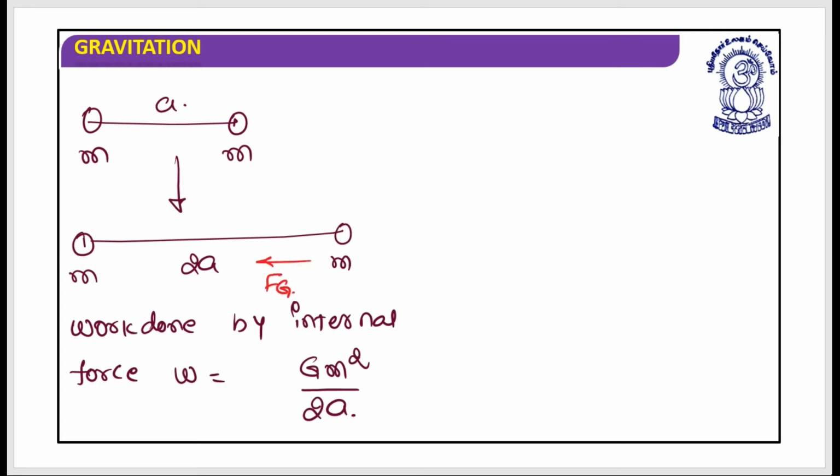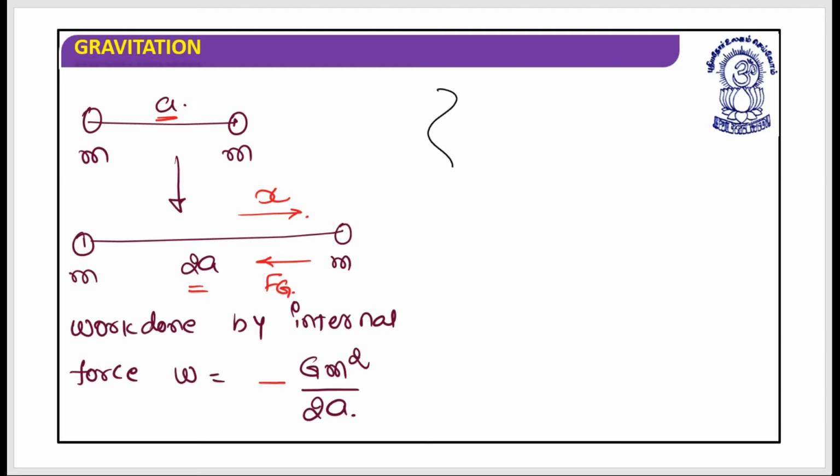It's a force of gravity because it will always try to attract. But here displacement is in this direction. That is the case because initially separation is a, now separation is 2a. So work done by internal force is negative. Work done by internal forces is equal to minus Gm² by 2a.